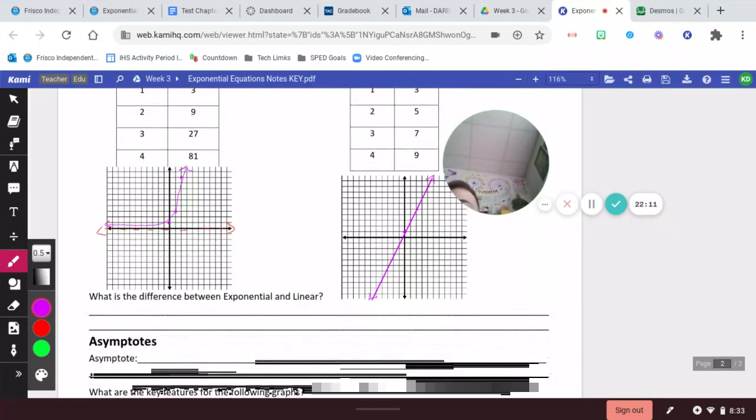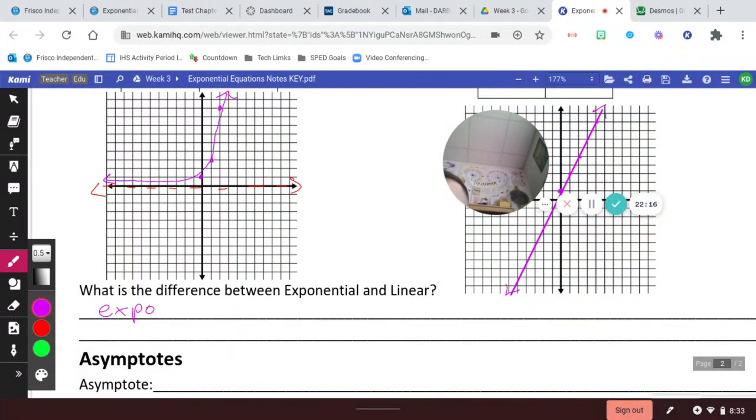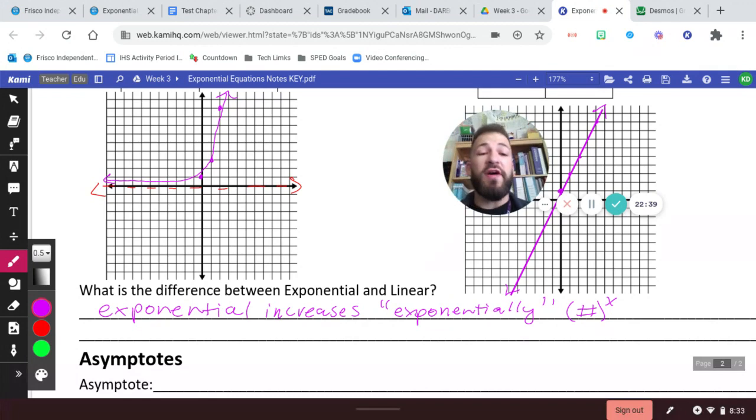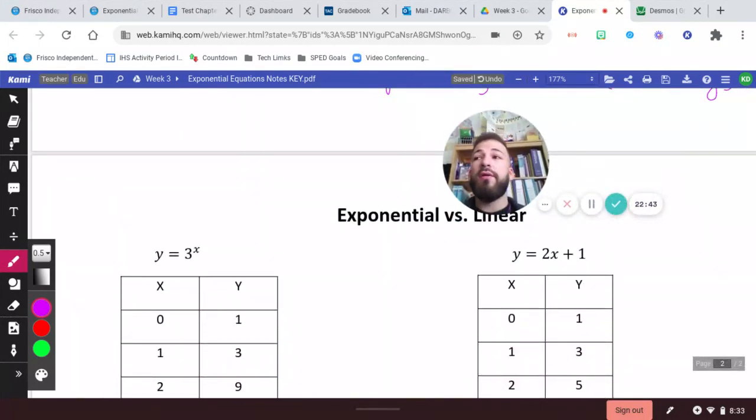So what is the difference between exponential and linear? Exponential increases exponentially. Because remember, it is our number raised to the power of x. While our linear function, what have we learned about slope? Well, slope is a constant number that we're increasing by.